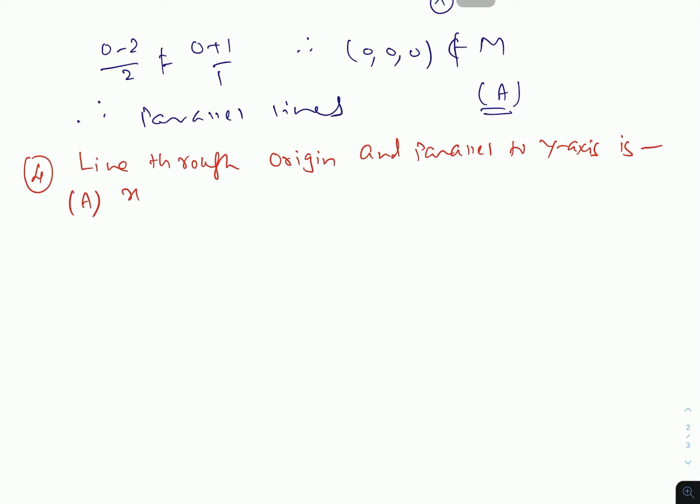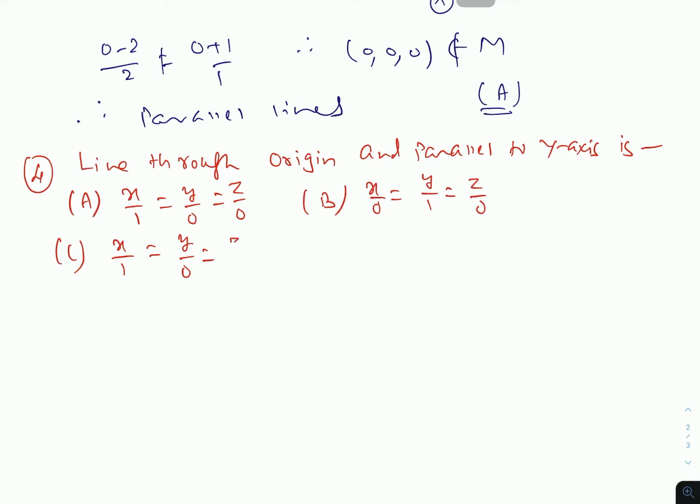Options are x by 1, y by 0 equal to z by 0; x by 0 equal to y by 1 equal to z by 0; x by 1 equal to y by 0 equal to z by 1; x by 1 equal to y by 1 equal to z by 0.